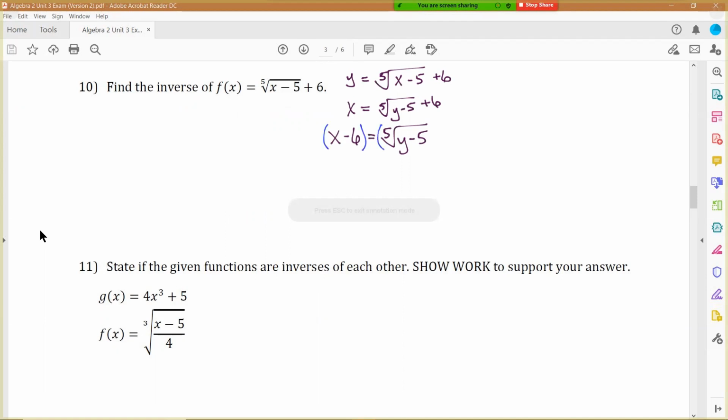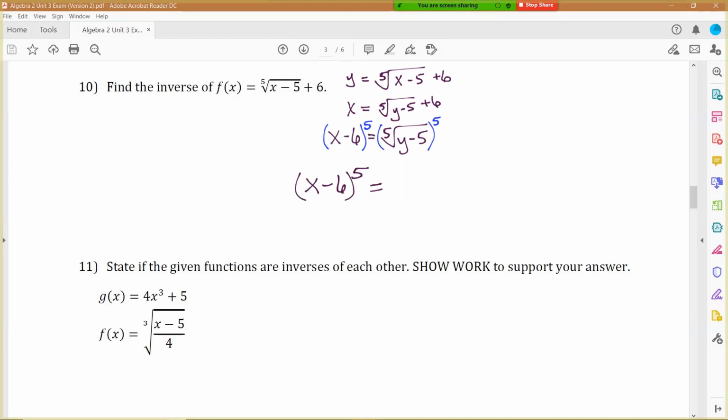Parentheses on both sides to what power? The fifth power. Am I going to make you find x minus 6 to the fifth power? That would mean you would have to multiply x minus 6 times x minus 6, 5 times. No. You're just going to leave it as x minus 6 in parentheses to the fifth power.